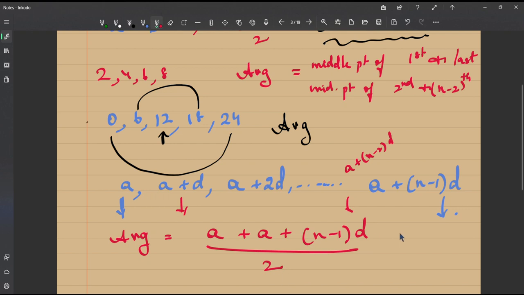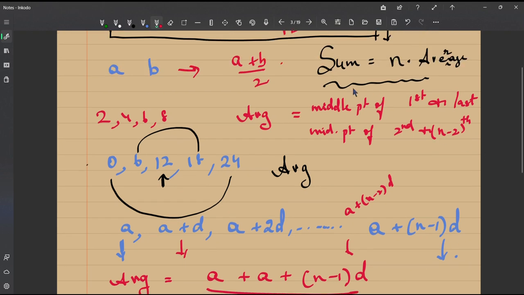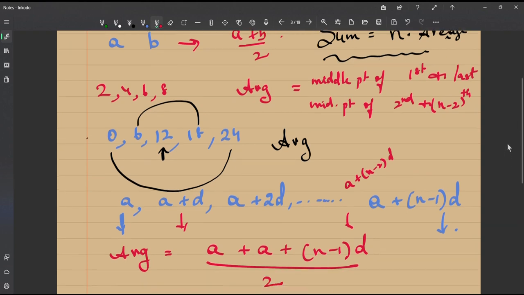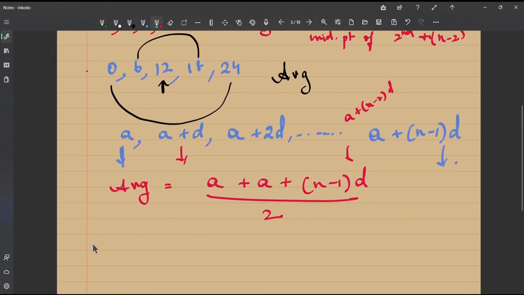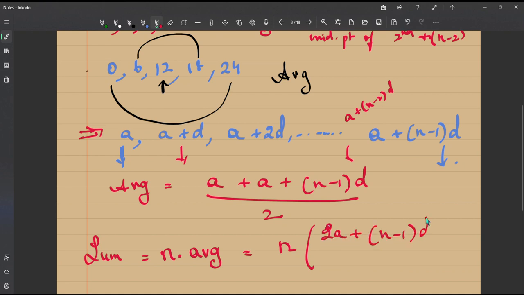But we saw that the sum of all terms is equal to n times the average. So from here I can say the sum of all terms in this AP is equal to n times average, which is n times this whole thing. I'll just add up the A's. There are two A's, so n times (2A plus (n minus 1) into D) by 2.